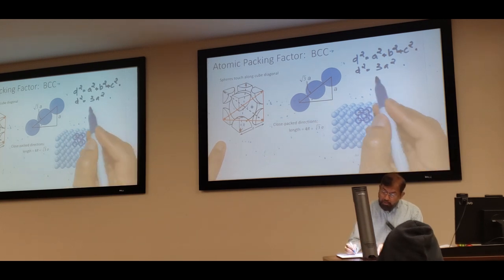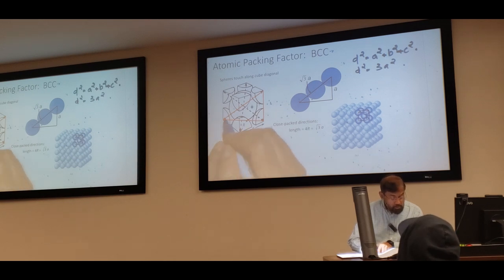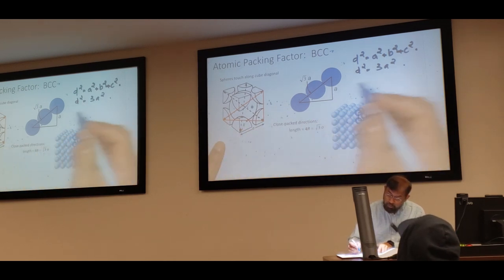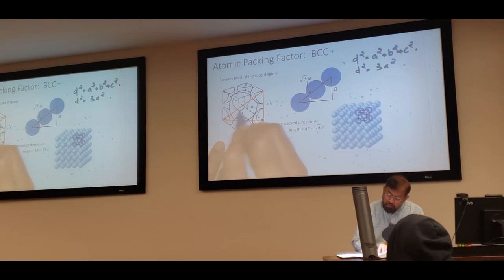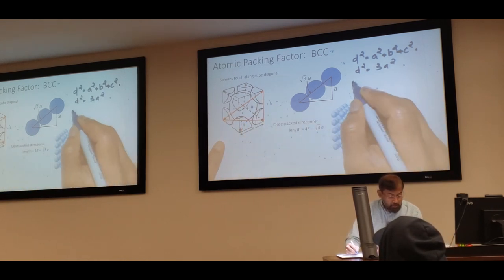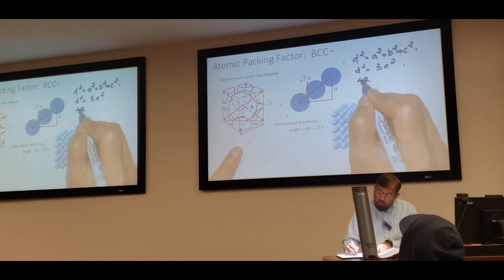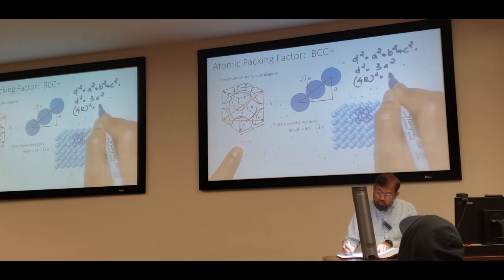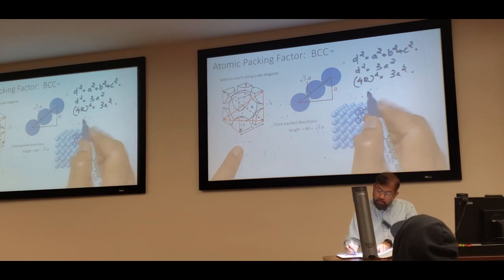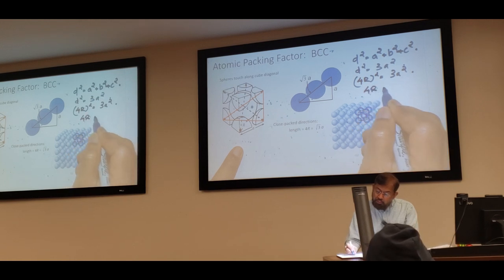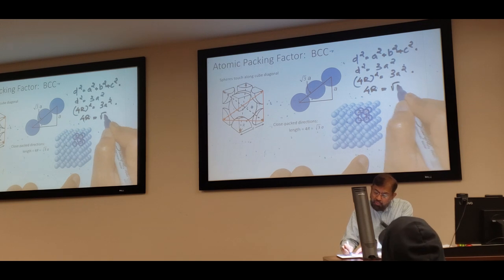So what is b? This b is 4R. So 4R squared is equal to 3a squared, and we can write 4R is equal to square root of 3 a.